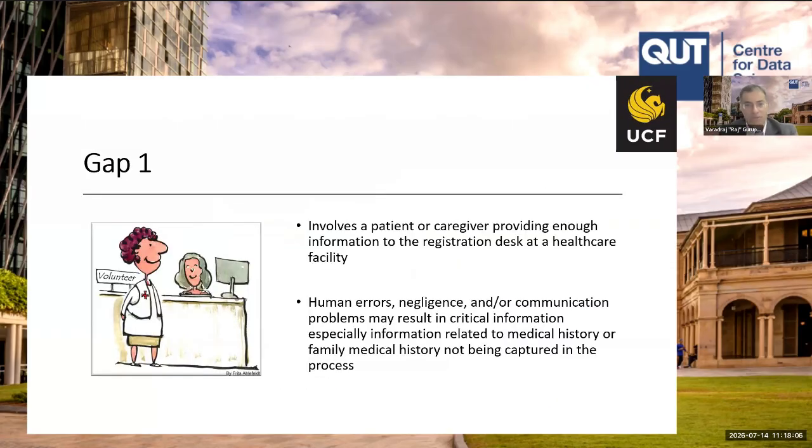So gap number 1 is generally human error, right? And I'll give you a funny story. I had a family member, and I had to take him to a hospital late in the night. He was trying to spell his name. He said J-A-Y, and when he said Y, maybe the way he pronounced it, the lady at the registration desk couldn't figure it out.